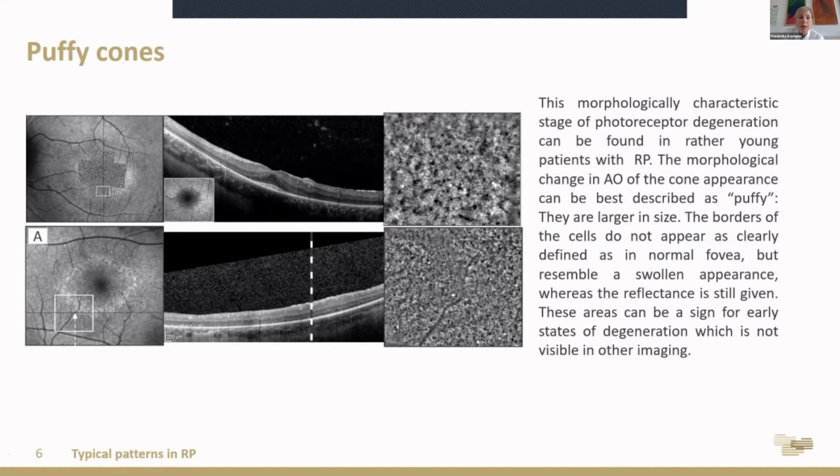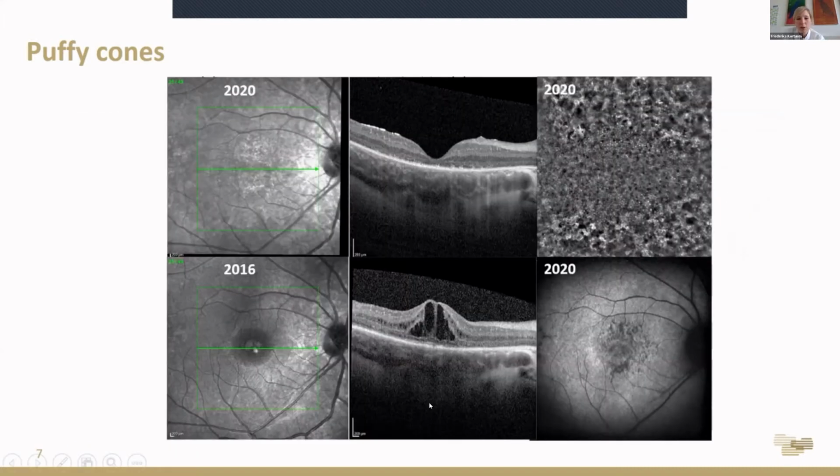We could also see them in a patient who had macular edema, and you could see that even after the edema, the puffy cones are still visible. On the lower line is the baseline with the edema, and in the upper line it's gone, but still in 2020 there are puffy cones visible in AO.